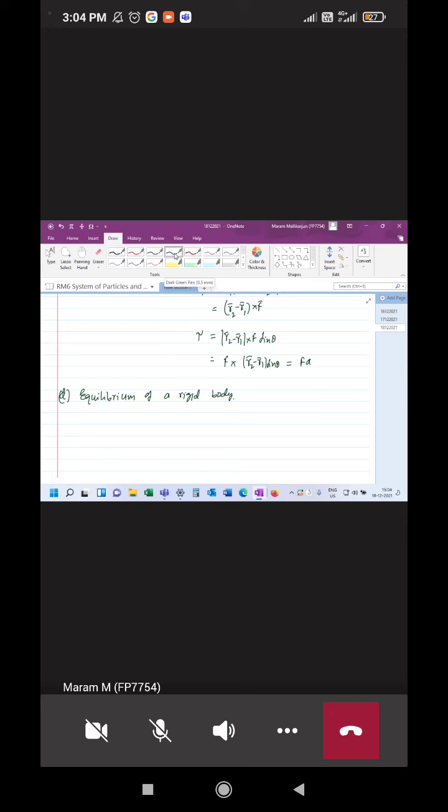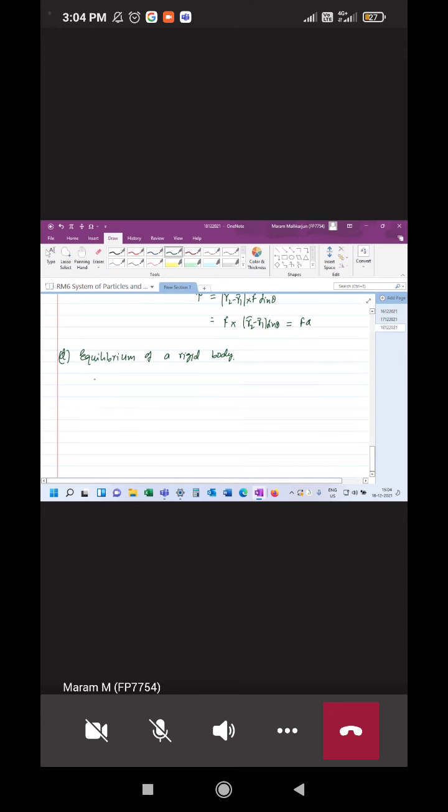If net torque is 0, we say it is rotational equilibrium. If both are 0, then we say that it is mechanical equilibrium. So for equilibrium of a rigid body, if F net equal to 0, then we call it translational equilibrium.